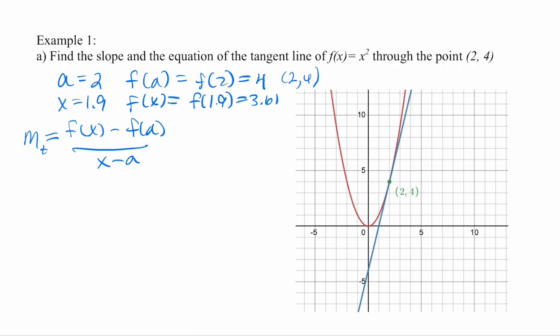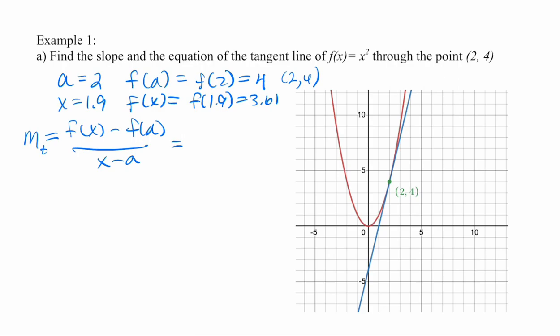Like I said, it can be 1/10. The closer you get to that value, the better it is. So we would be more accurate if we were 1.99 or 1.999. The closer, the better.